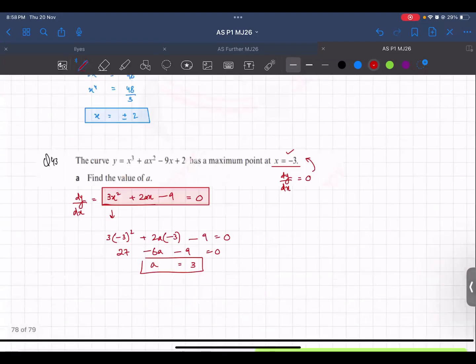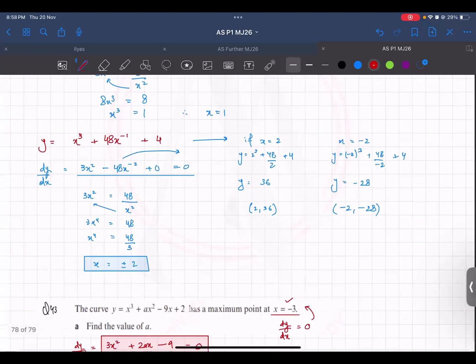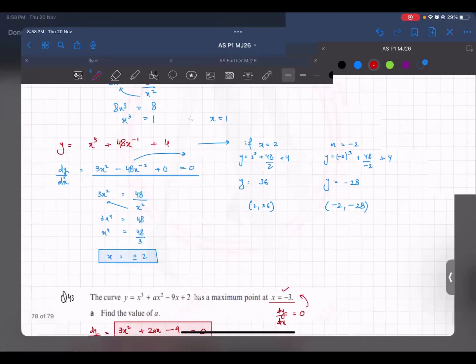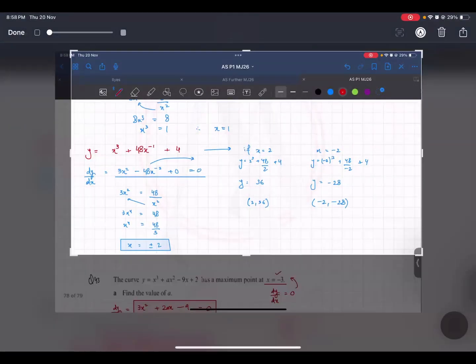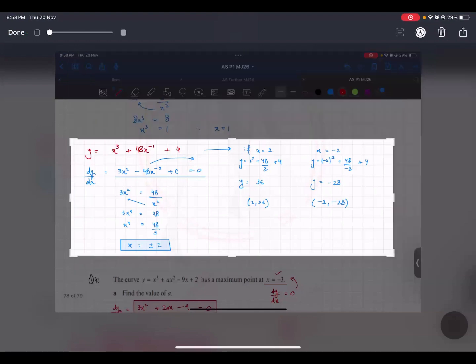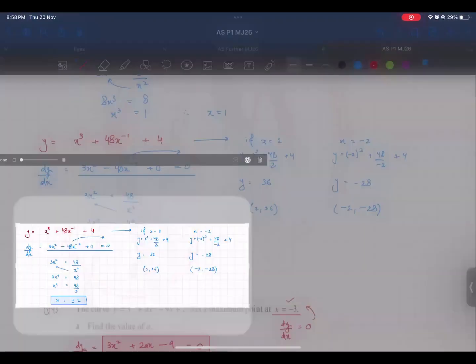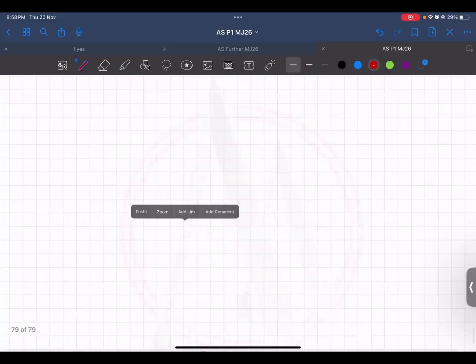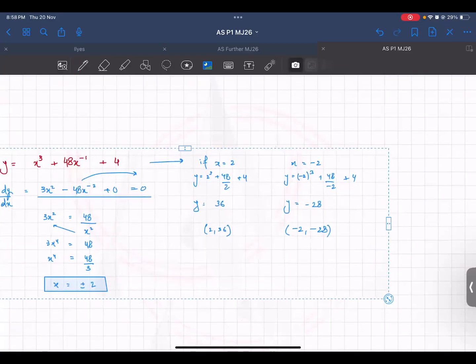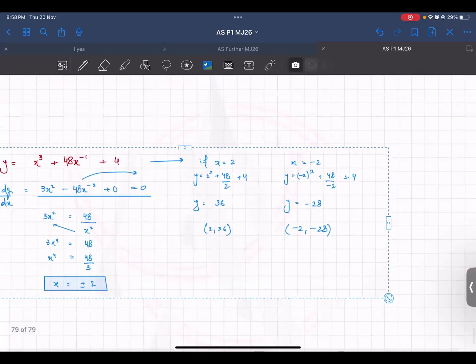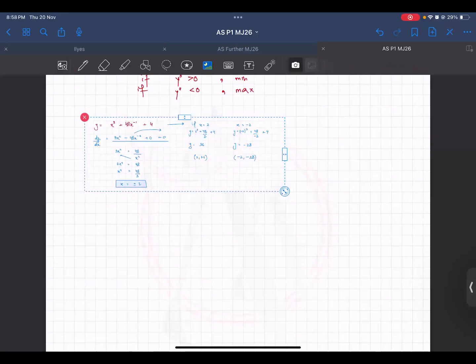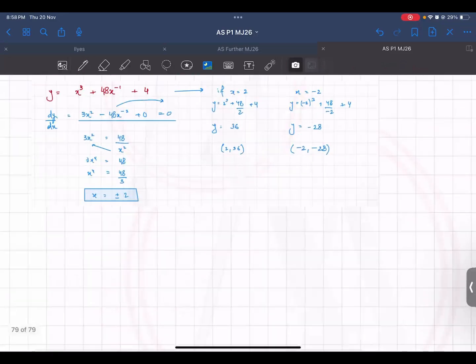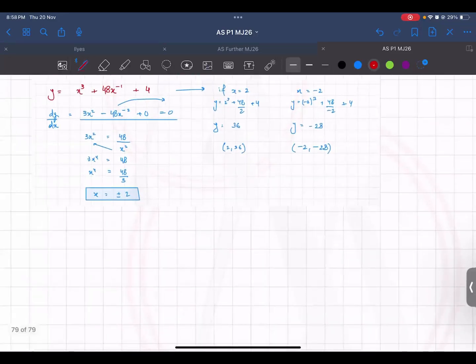Now let's check which one is minimum, which is maximum. So we have found these turning points in this one. Now we will check which one is minimum, which one is maximum. We have the equation as well. We have the derivative as well.